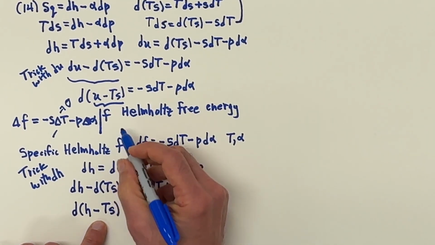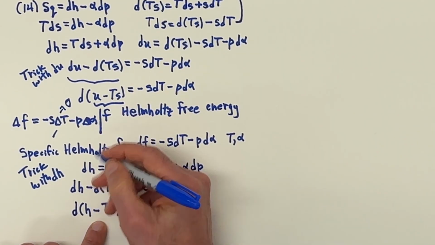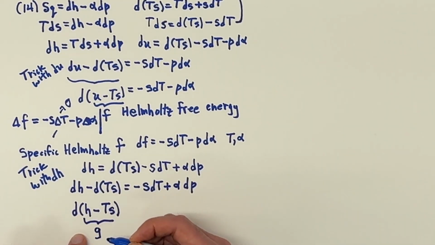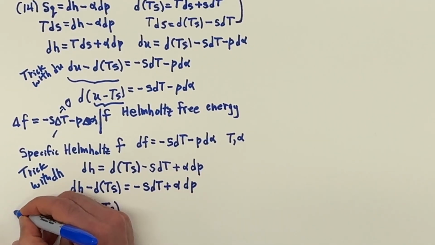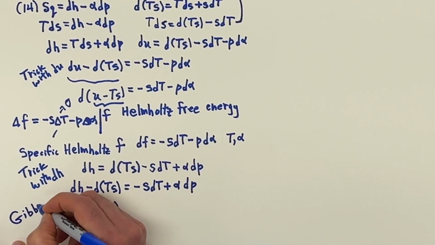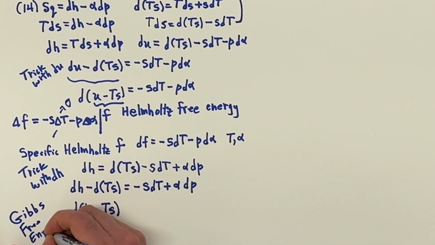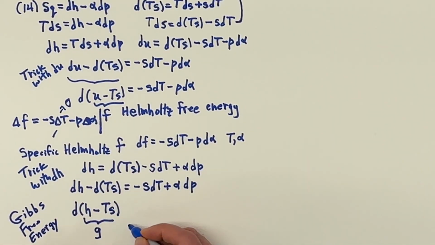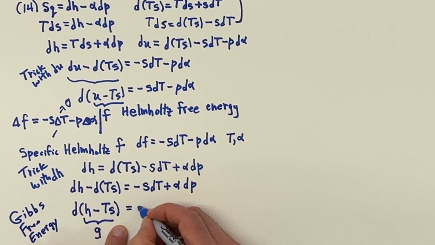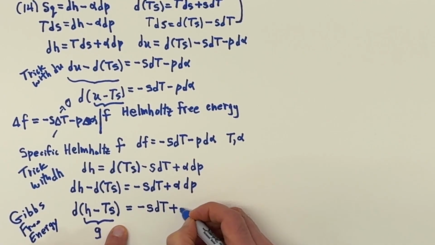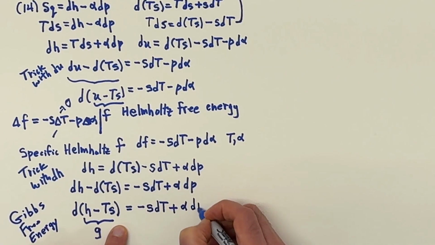It's similar to U being replaced by H. This is going to be called little g, and that's the Gibbs free energy, and it's going to be equal to minus S dT plus alpha dP.